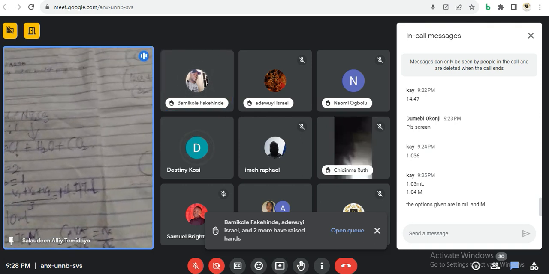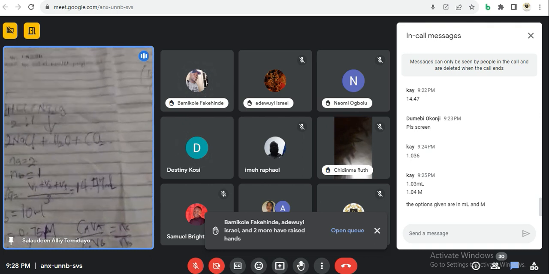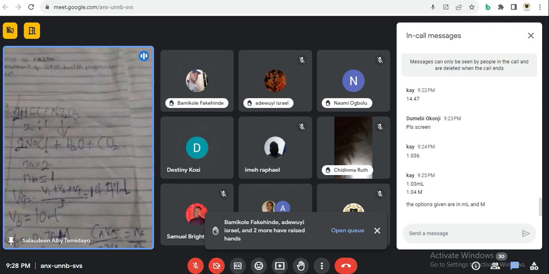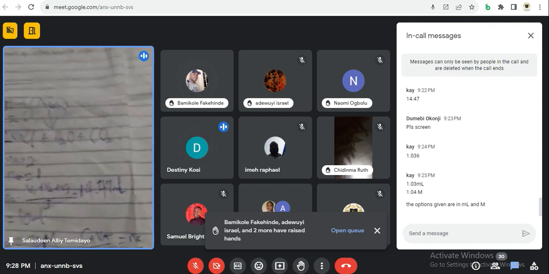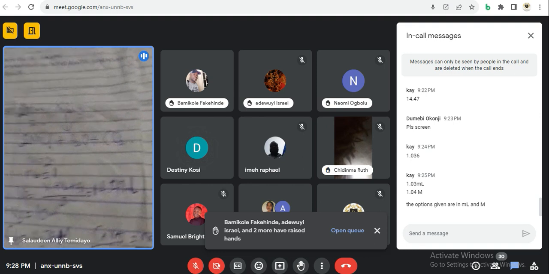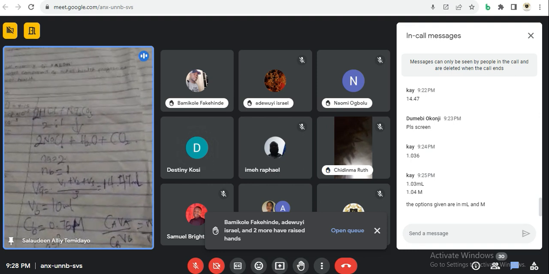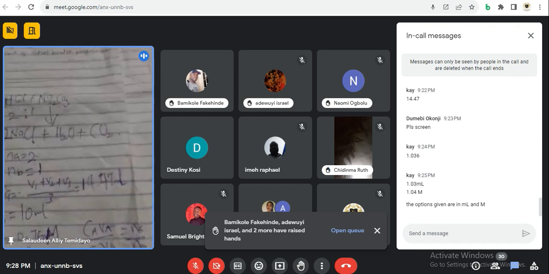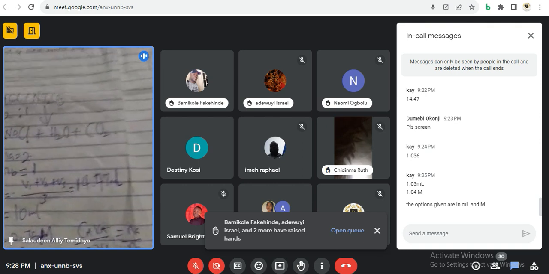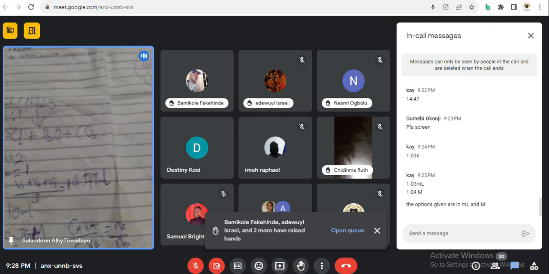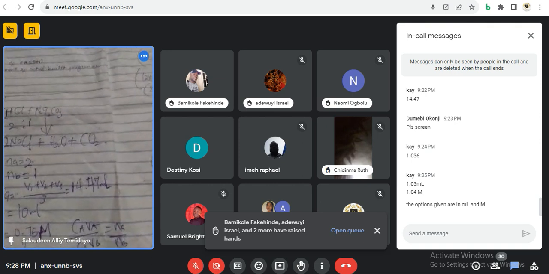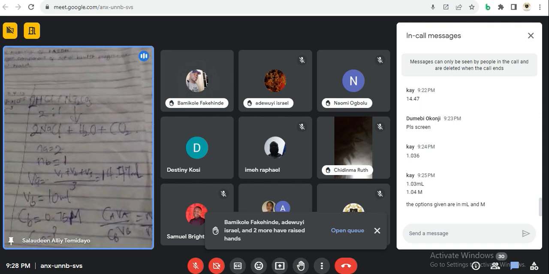Average titre value is the volume of the acid used. So C represents concentration, V represents volume, A represents the acid, B represents the base. VA is the volume of the acid used, VB is the volume of the base used, CA is the concentration of the acid used, while CB is the concentration of the base used.